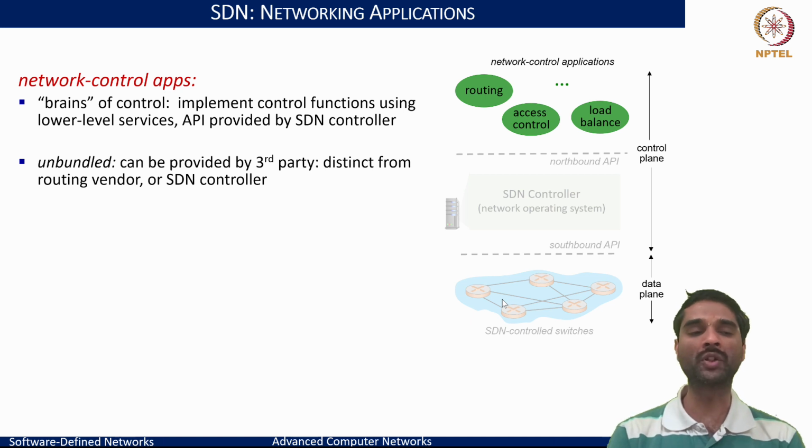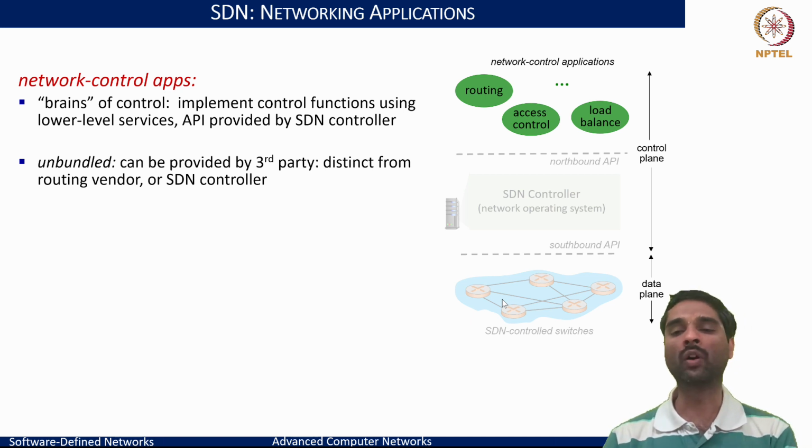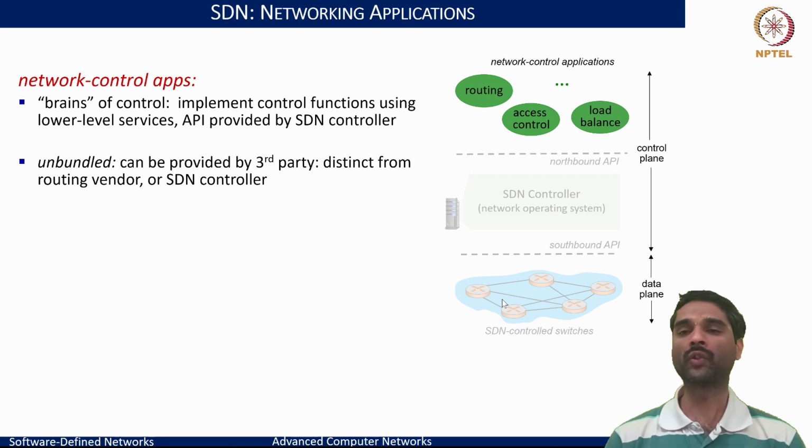Do I need to look at the spec sheet of a Cisco router or Arista router to see how I should build the application? Now that's not necessary. We just look at the northbound APIs provided by the specific network operating system that we want to use, and then build the applications by leveraging the services provided by that SDN controller.